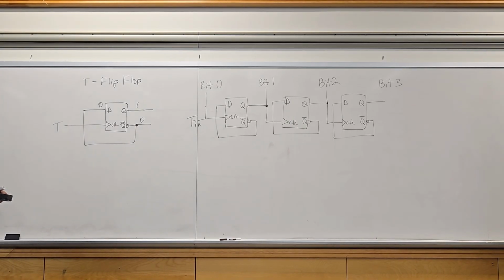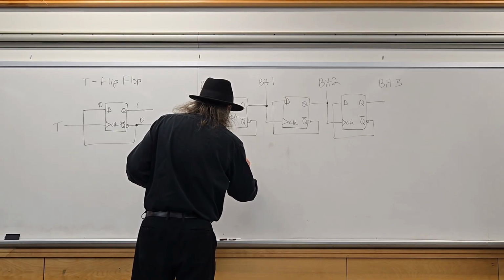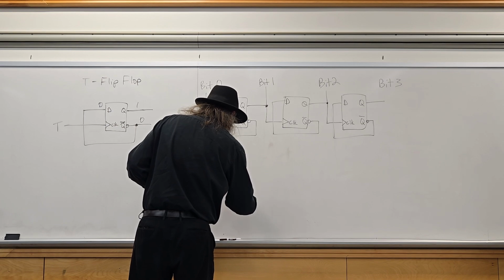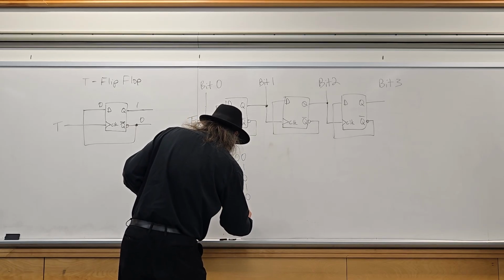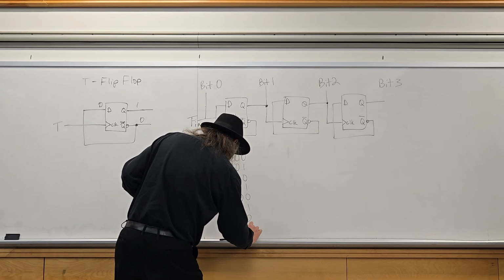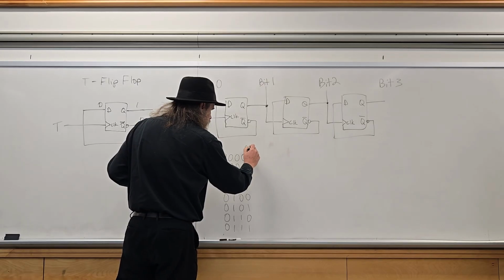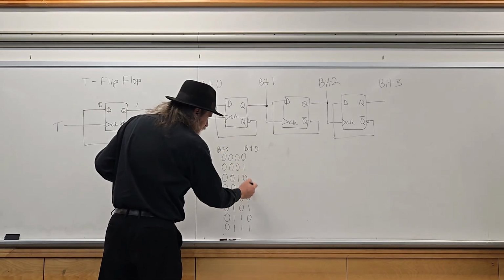But if you look at the numbers that it would be, you notice when you're counting, this first column, bit 0, has a frequency.